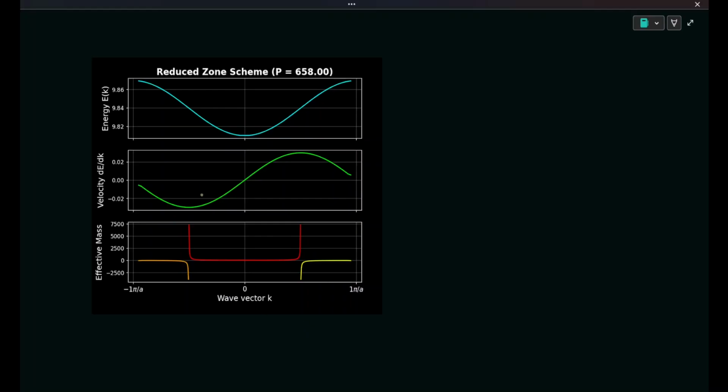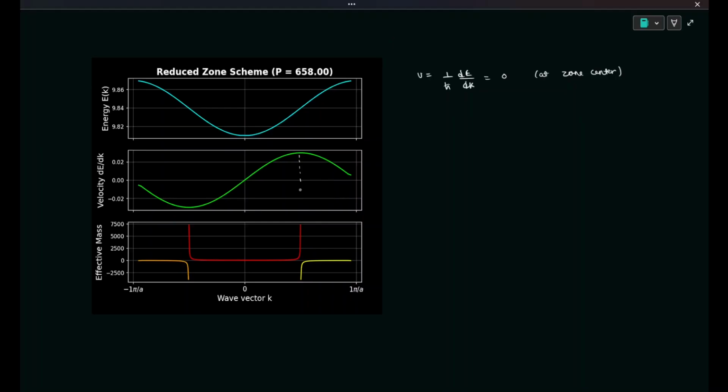Here you can see that at the center of the zone, the velocity of electron is 0, since v is equal to 1 divided by ħ dE by dk. At the center of the zone, the derivative of this first dispersion curve is 0, so the velocity is 0 at the zone center. As you move away from the zone center, the slope of this dispersion curve is increasing, so the velocity will be increasing to a point where it attains a maximum.